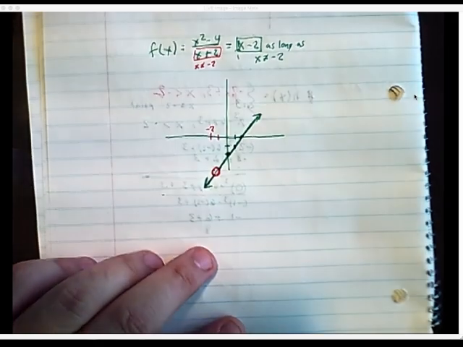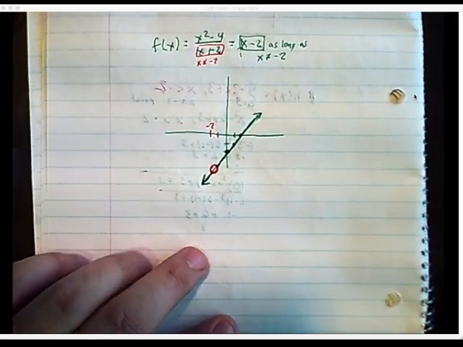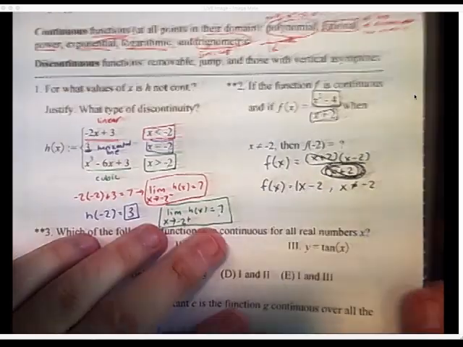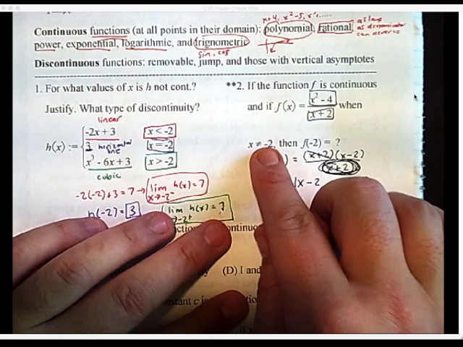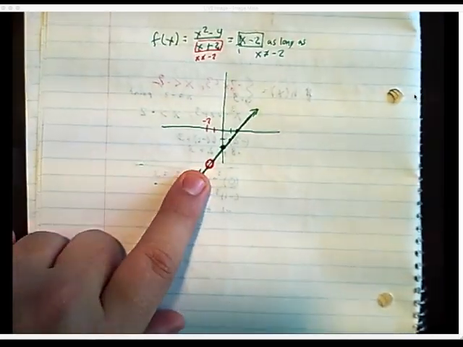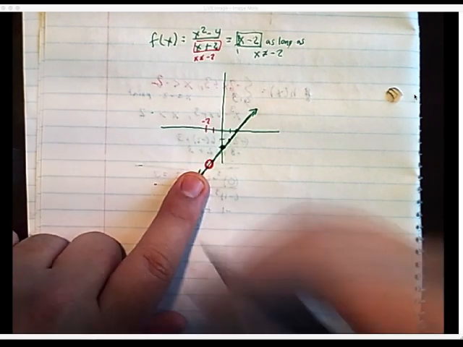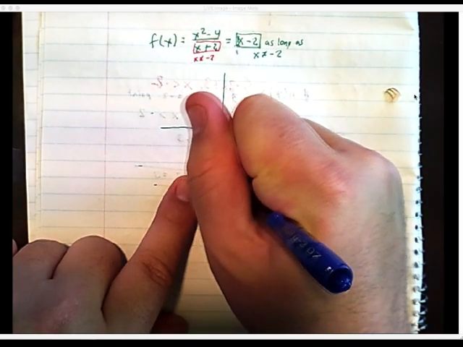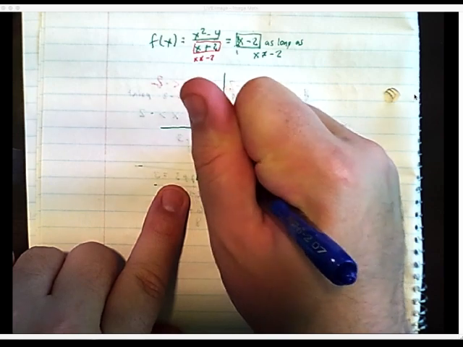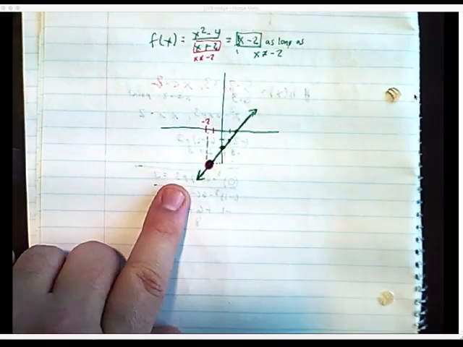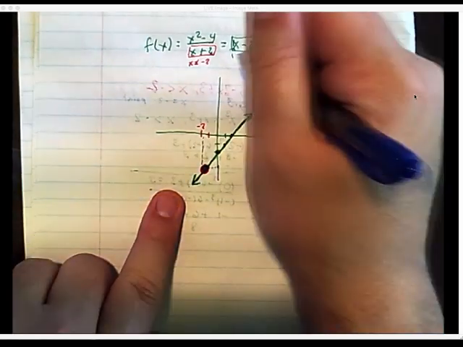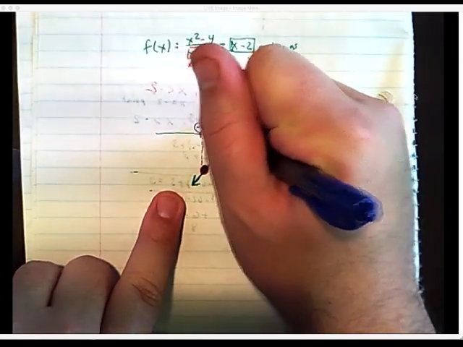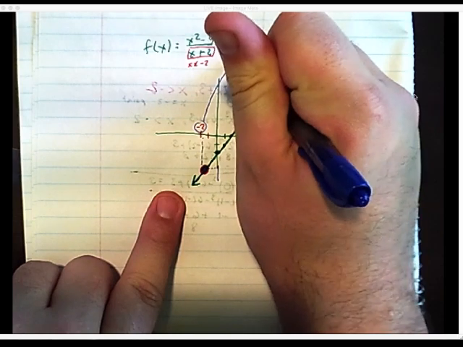Okay. Now, let's go back to the problem. Now they're saying, let's pretend that we could actually fill this hole in. All right. And let's say we could take away that removable discontinuity. What would the function value equal there? What would the y value equal there? Well, all I have to do to find that is plug in this -2 to the simplified expression.